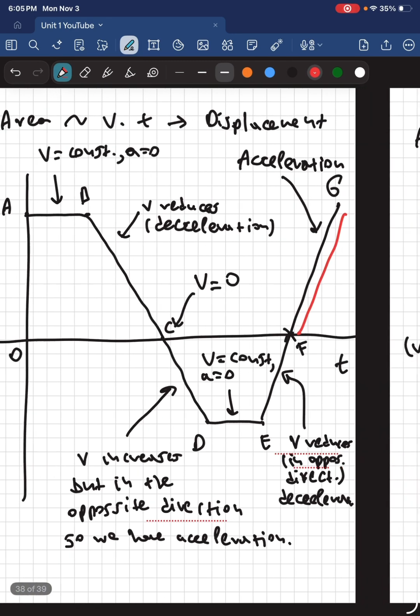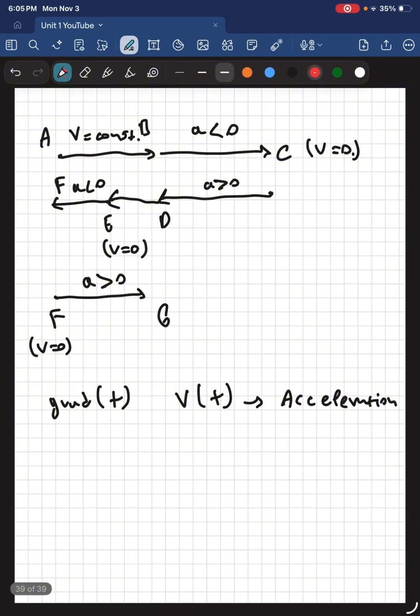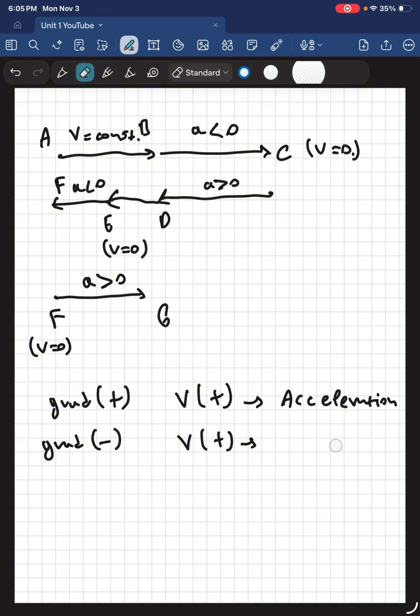The velocity is positive, gradient is positive, so we have acceleration. The second case is when the gradient is negative and the velocity is positive. In that case, we have deceleration. Oh God, this is complicated, I'm sorry. So we have deceleration.